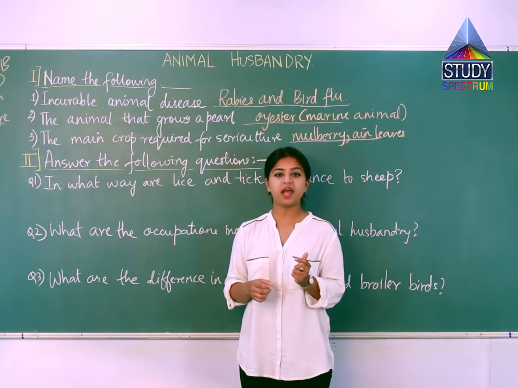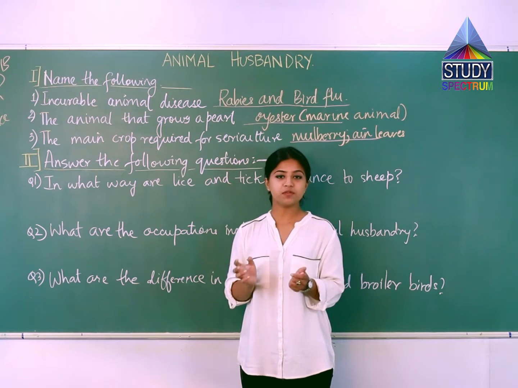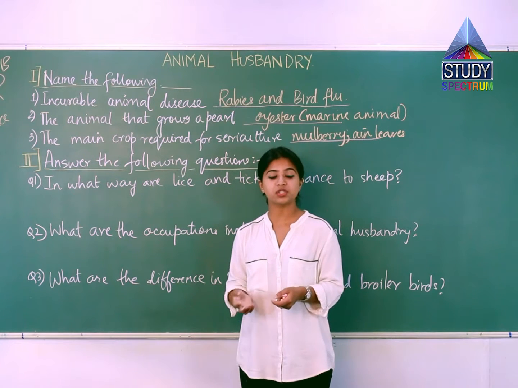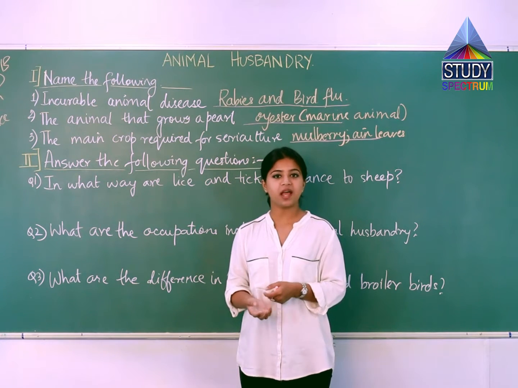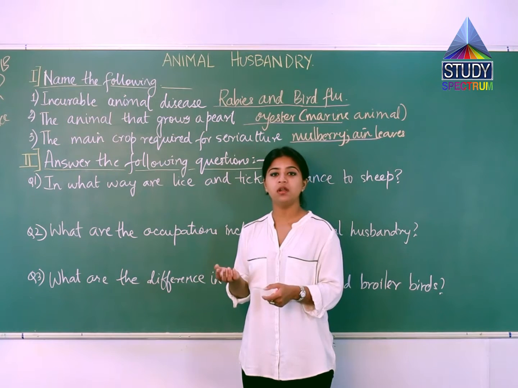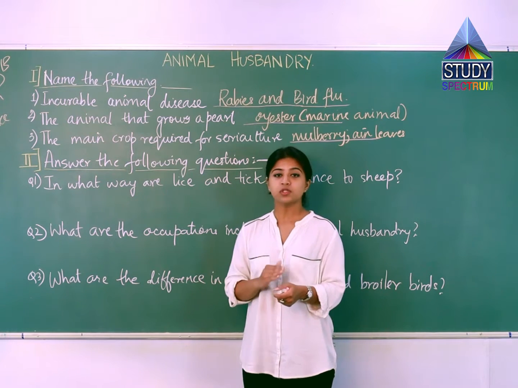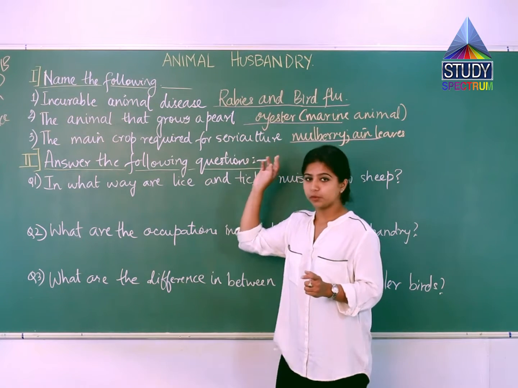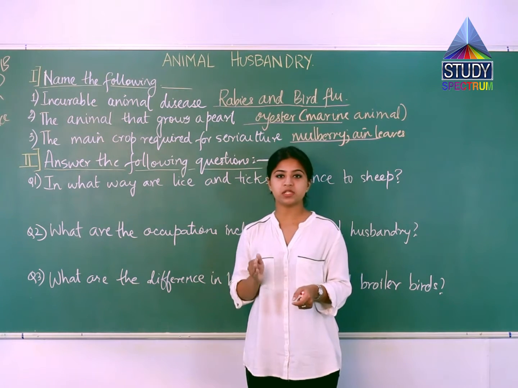In that we learned that there are treatments for almost every disease, but there are certain medical conditions in animals for which a treatment has not been found as yet. Those are rabies and bird flu, because the treatment is not available.